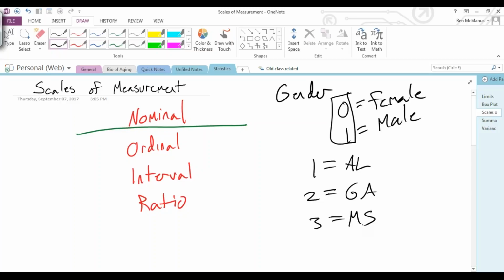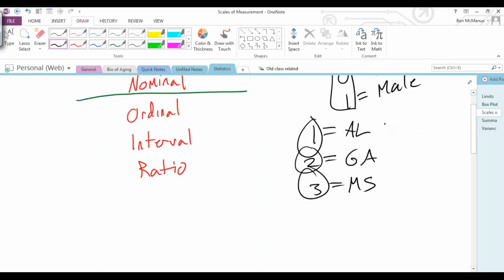Can we say that Georgia has a value of 2 and Alabama has a value of 1, so Georgia is one more state than Alabama? Again, that does not make sense. So even though there's a number associated here, they have no meaning in relation to one another. They could just as easily be some sort of almost nonsensical symbol.